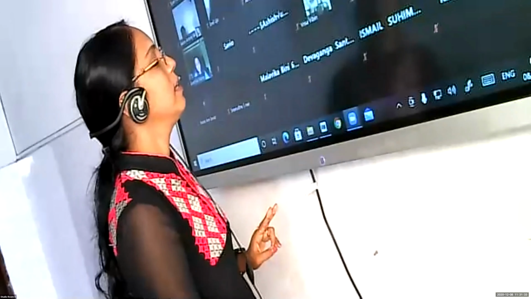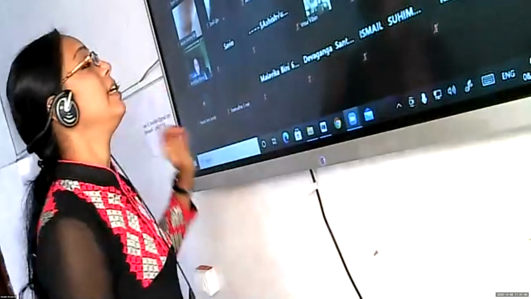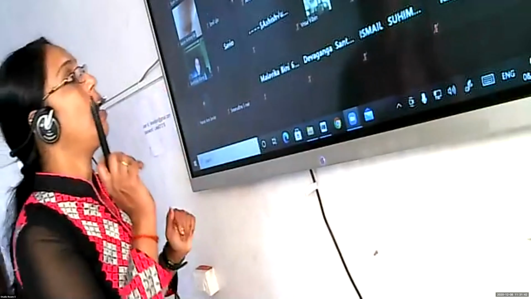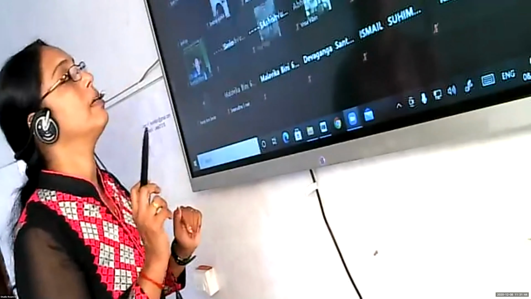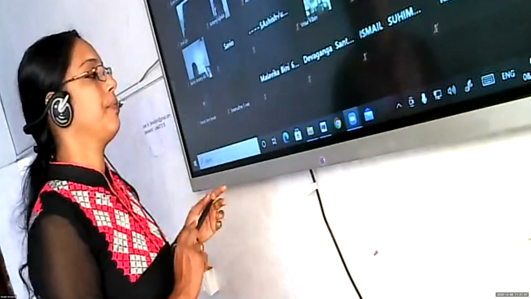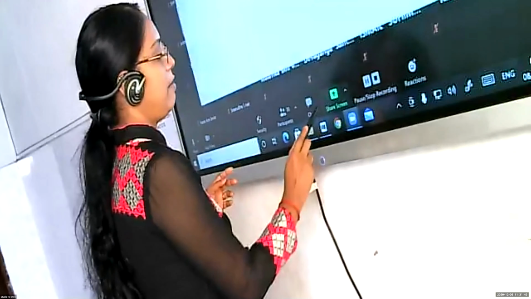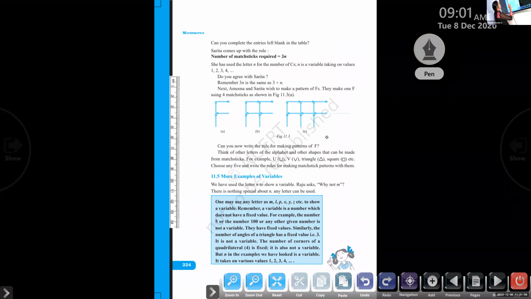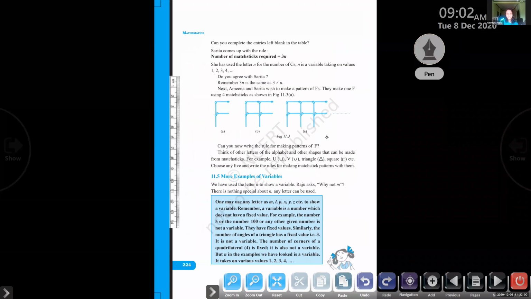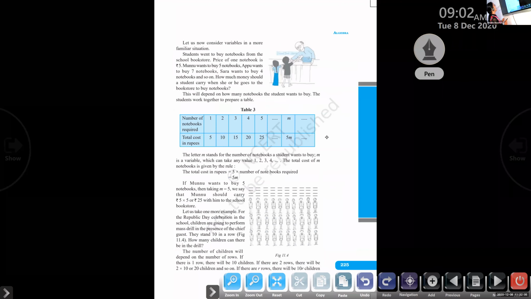Its value never changes. That fixed value, those numbers are known as constants. Constants. So how many sides are there for a triangle? 3. Then how many sides for a square? 4.